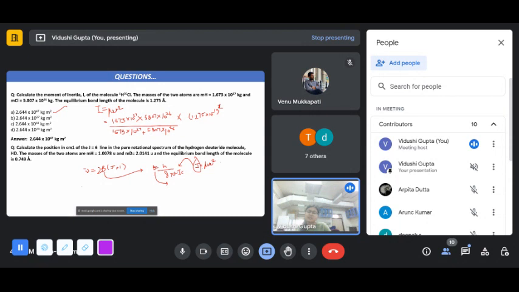I equals mu r square. You have to calculate the reduced mass, m1 m2 upon m1 plus m2. Mass is already given, and the bond length r is also given. So now you got the value of moment of inertia. Then just substitute the value in this. Like h you know, c you know, now I you also know. So just tell me what will be the value of B.